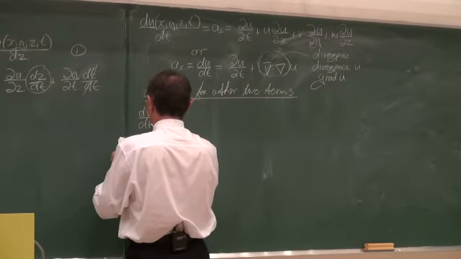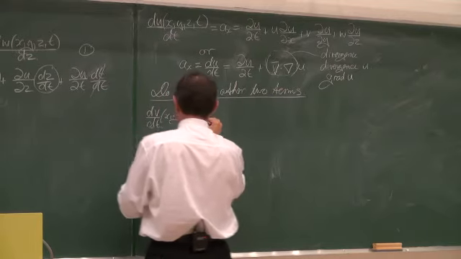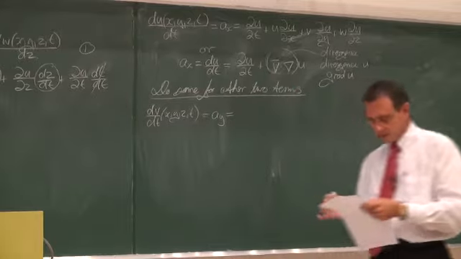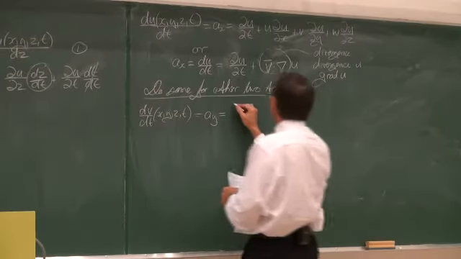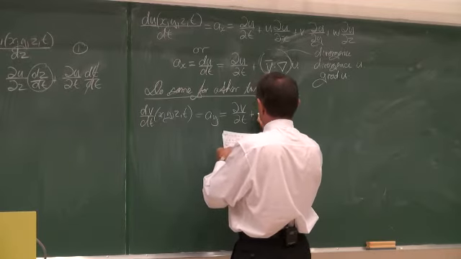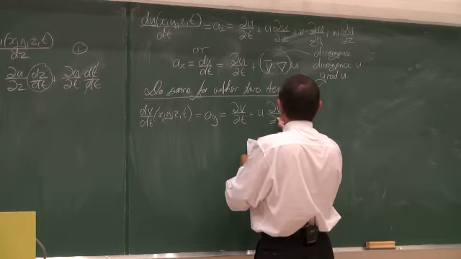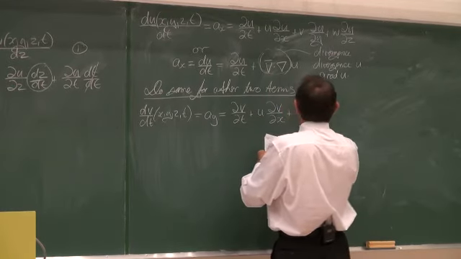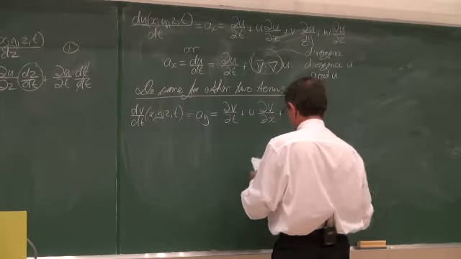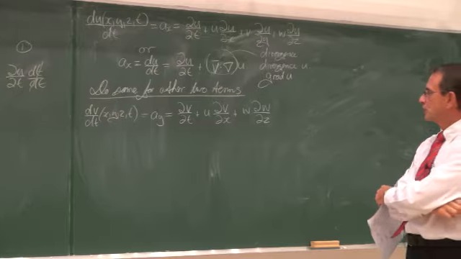dv(x, y, z, t) dt, the acceleration in the y direction, is equal to partial dv dt plus u partial dv dx plus v partial dv dy plus w partial dv dz.